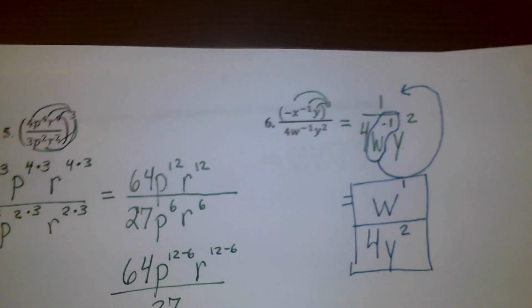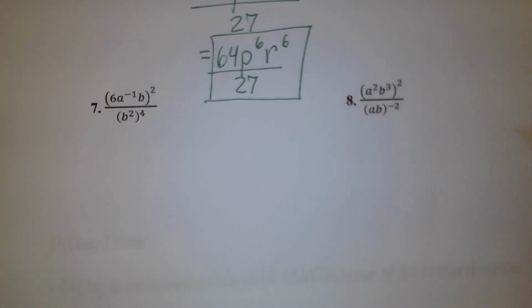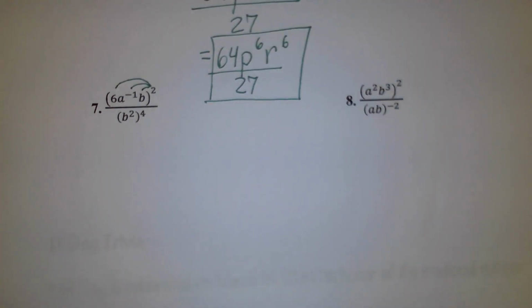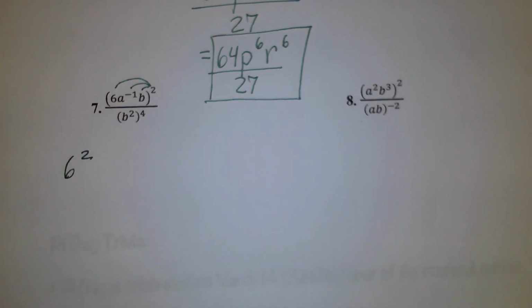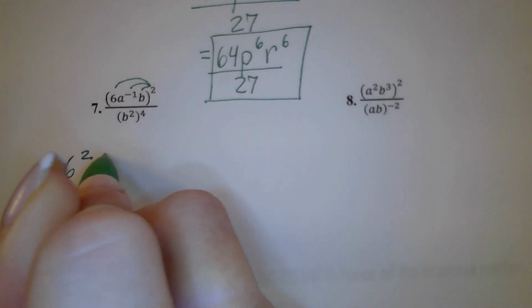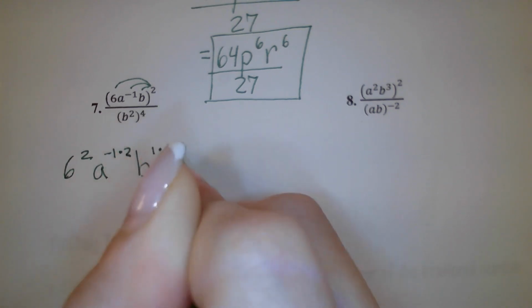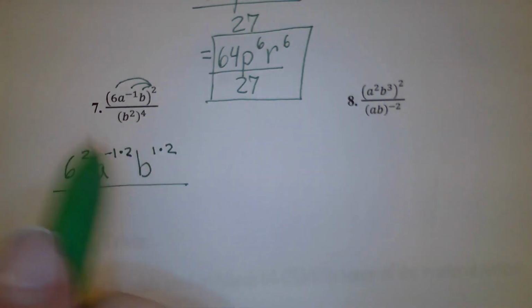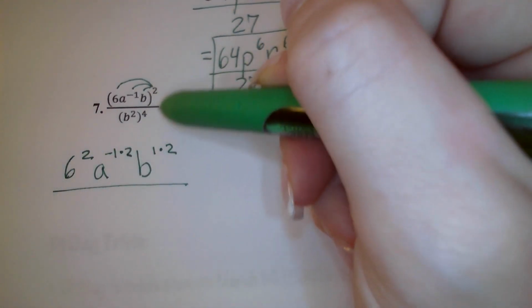negative power of 1. Now, number 7, the next problem we have. Again, I see an exponent on the outside of the parentheses, so I'm going to start by distributing and remembering that when I do this, I am multiplying my exponents. So I am going to get 6 squared, a to the negative 1 times 2, b to the 1 times 2, over, and then down here, notice the parentheses weren't around the whole fraction.